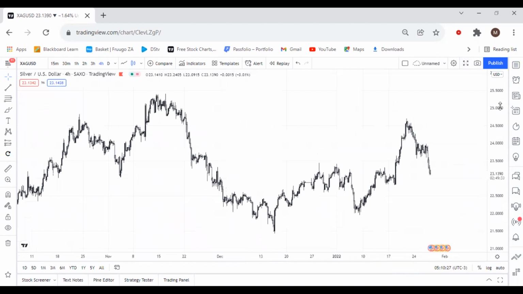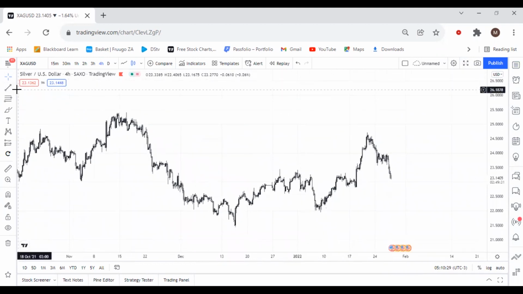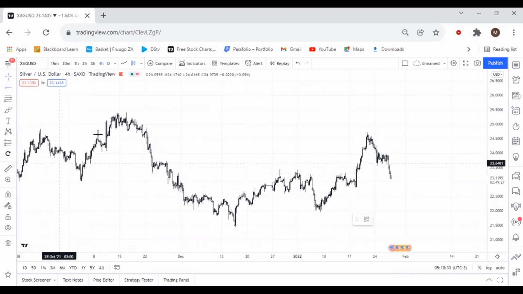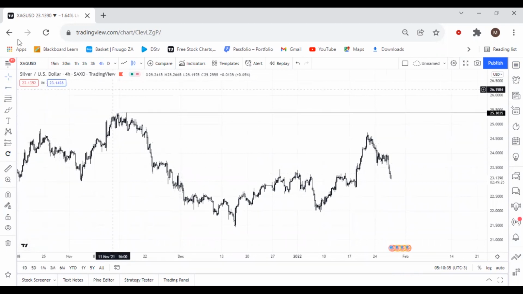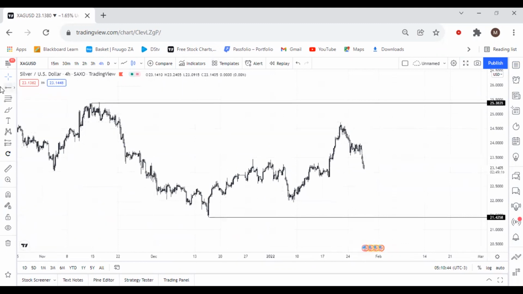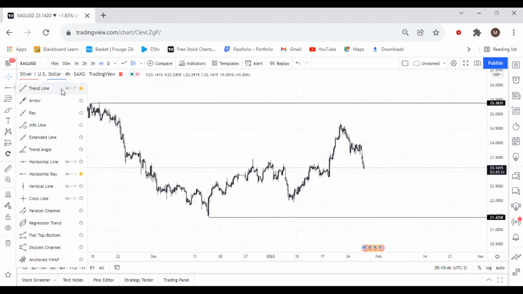I'm just gonna zoom into the current market, and the first thing that I do, my first rule, is spot your highest high and your lowest low. What's next is you need to spot your structure within your channel.